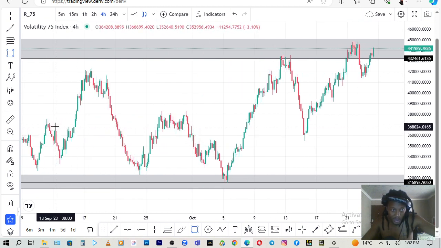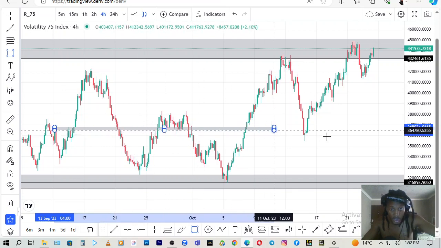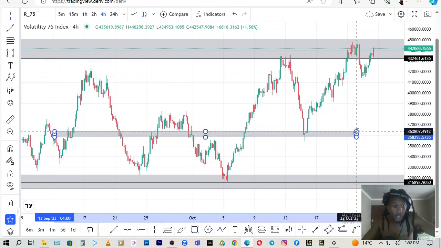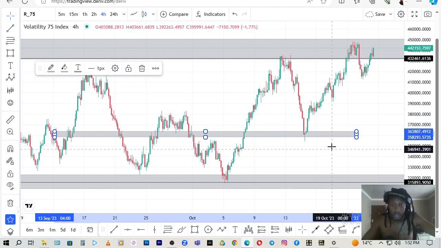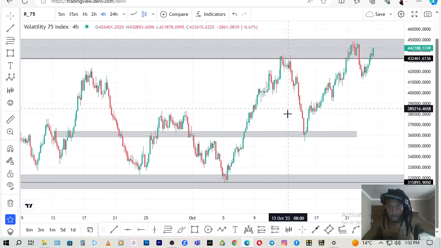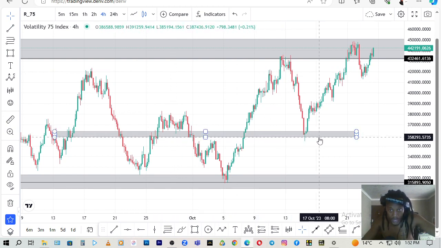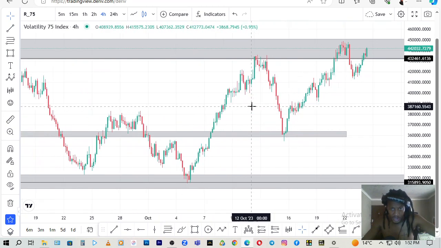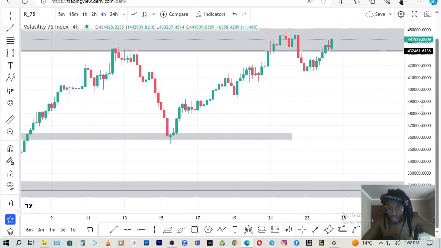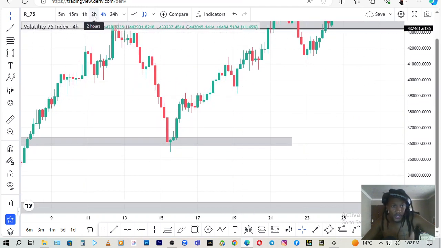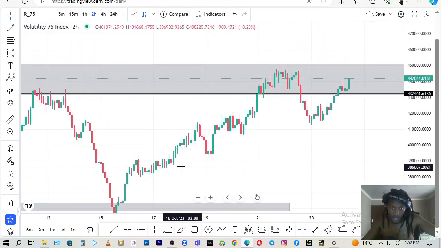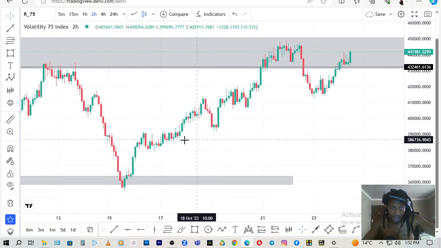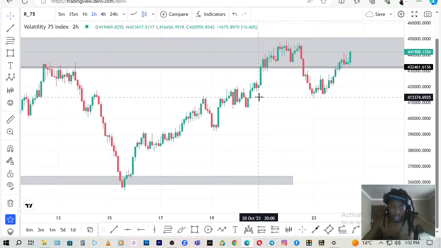In this case, I don't have access to the weekly and the monthly, so I have only access to the daily. So overall, we have only this zone to worry about on the 4-hour. Then let me go to the 2 hour actually, before the 1 hour. So on the 2 hour, we can even read the market structure and everything in it.